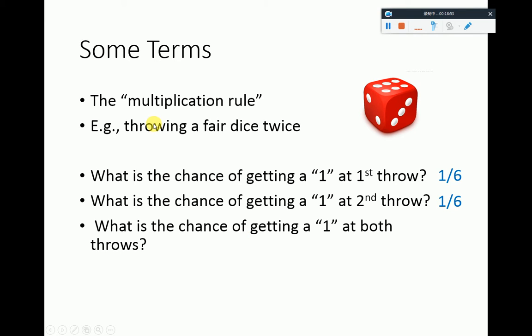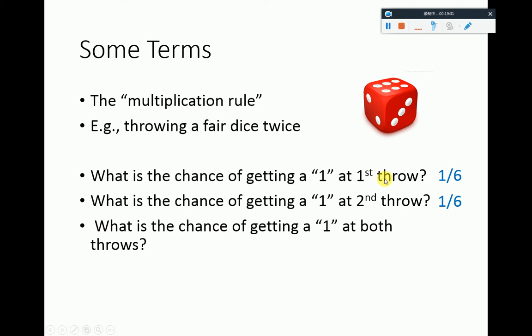So this is where the multiplication rule comes in. The multiplication rule simply says, if there are probabilities associated with two independent events, there's one event, and there's a second event, and these two events are independent because the outcome you get from event 1 does not impact the outcome that you get from event 2.